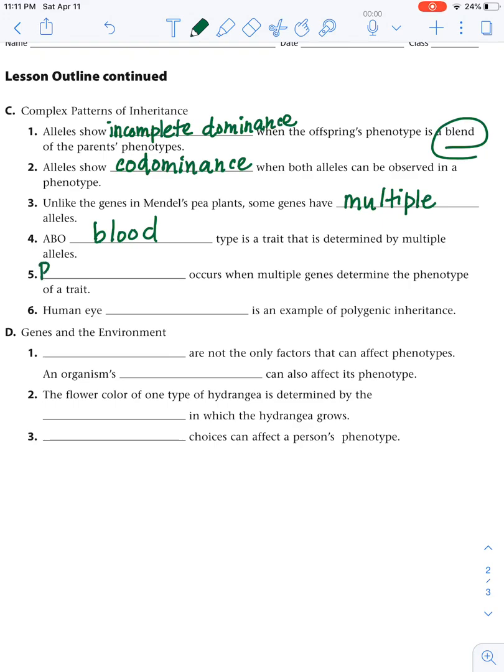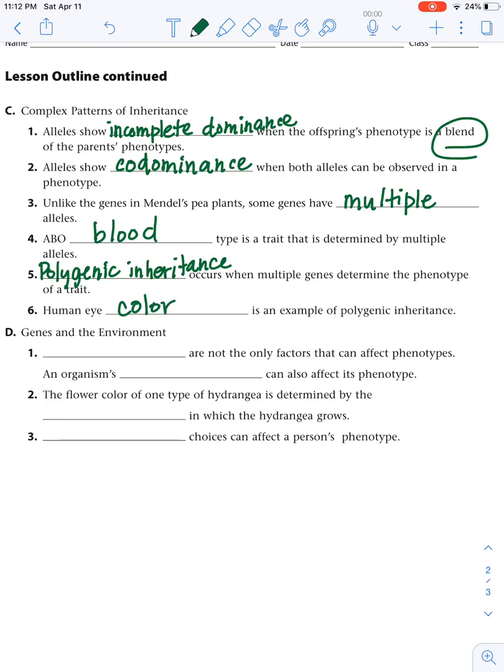Number 5, polygenic inheritance occurs when multiple genes determine the phenotype of a trait. And we saw this at the beginning of the lesson when we looked at all the different eye colors, because human eye color is an example of polygenic inheritance.